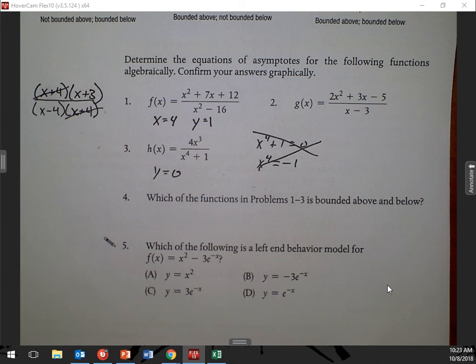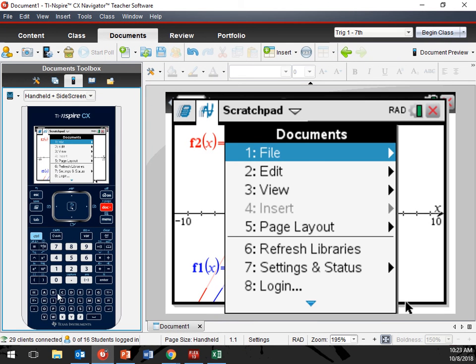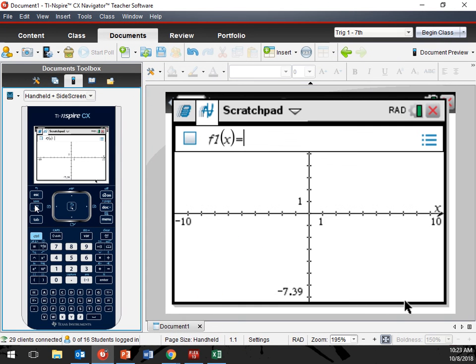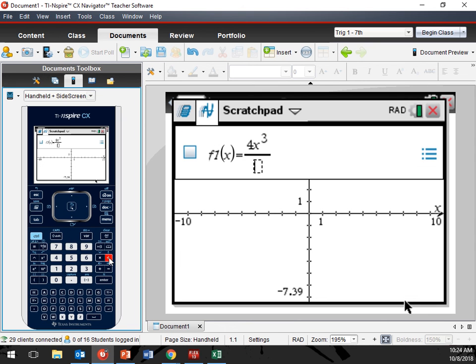Okay, so let's go ahead and take a look at the graph. I'm going to clear my graph now. Okay, right here. So we had 4x cubed over x to the 4th plus 1.